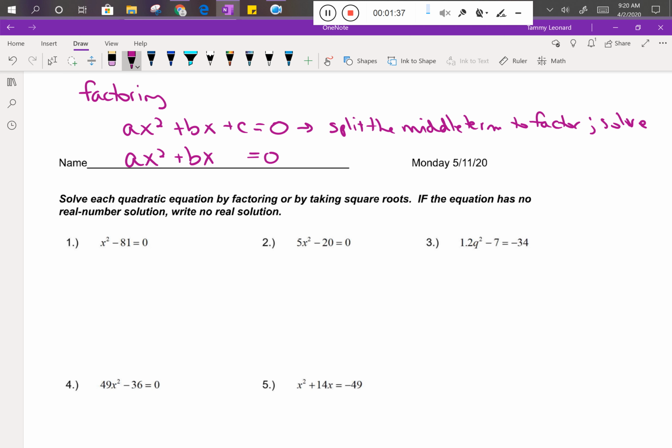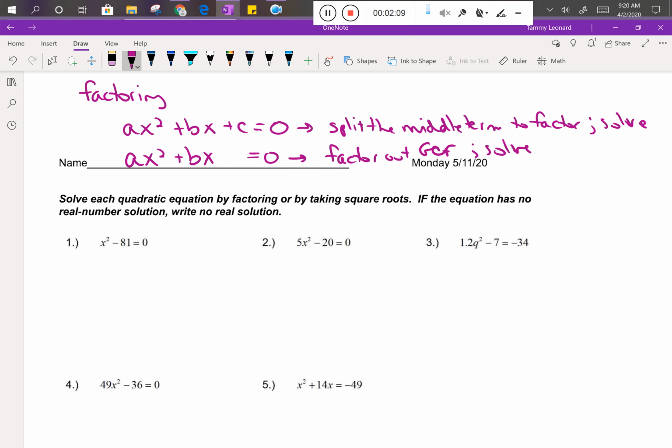If instead I have one of these binomials where there's a variable in each of the terms, I'm going to factor out a GCF, and then I'll be able to solve. Now, in this case, once I've factored out a GCF, I might be able to solve by taking square roots, or I might need to solve using the zero product property. It sort of depends on what happens next.